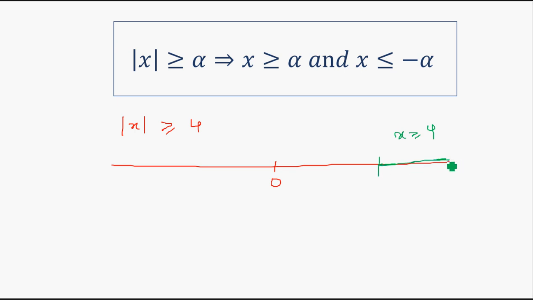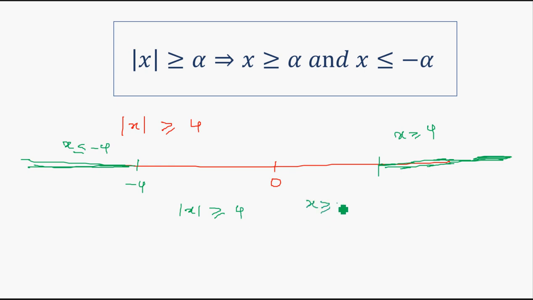So all these numbers will come on the number line, say it may be 4.1, 4.2 and so on. There are many numbers. This is when we talk about the right side. If we take the left hand side, suppose this is minus 4. So all numbers that are less than or equal to minus 4 will come on this. So if mod x is greater than or equal to 4, we will have all numbers that are greater than or equal to 4 and all numbers that are less than or equal to minus 4.